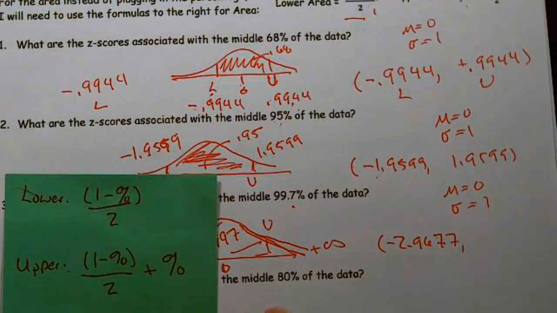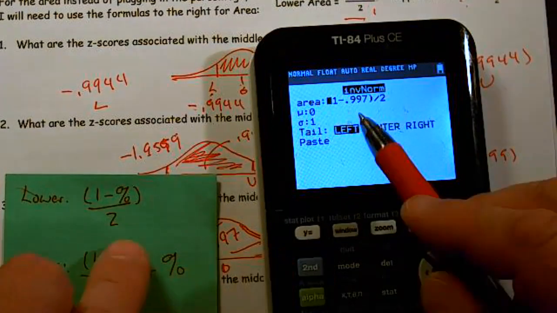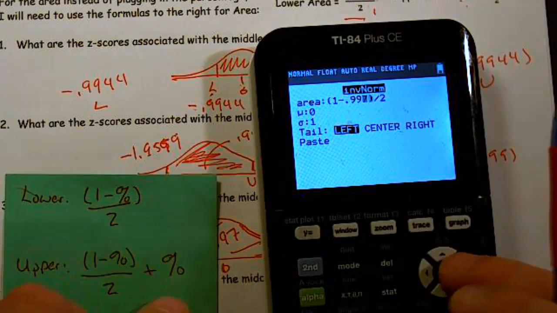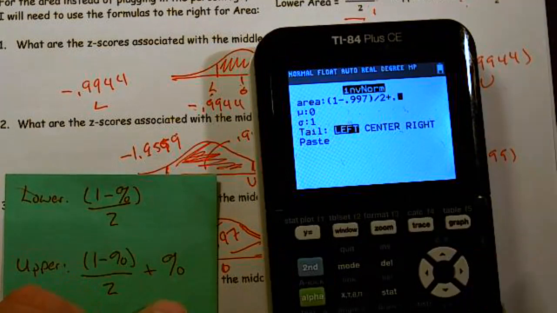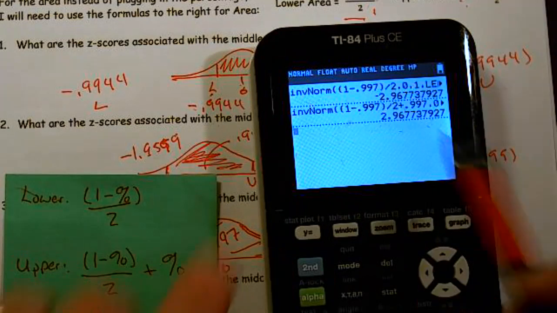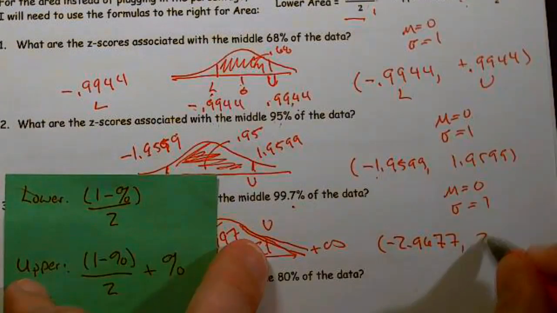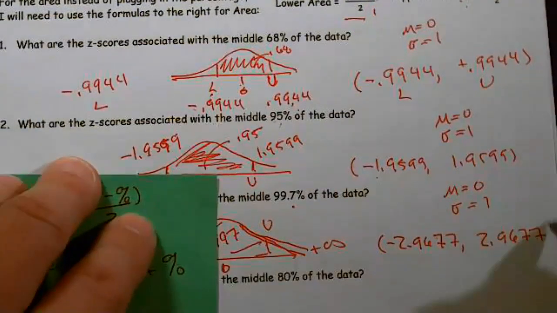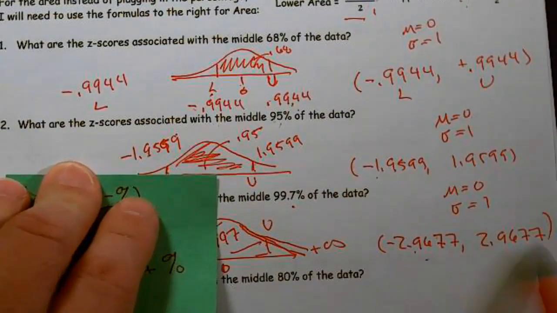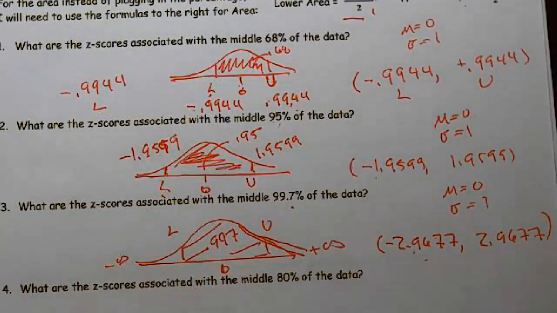And the upper bound, second vars, inverse norm, we have the same thing, but we come back and put the plus 0.997 in there. And we end up with 2.9677. Again, that's not a surprise because we're symmetric about 0 and we're working with the z-score.